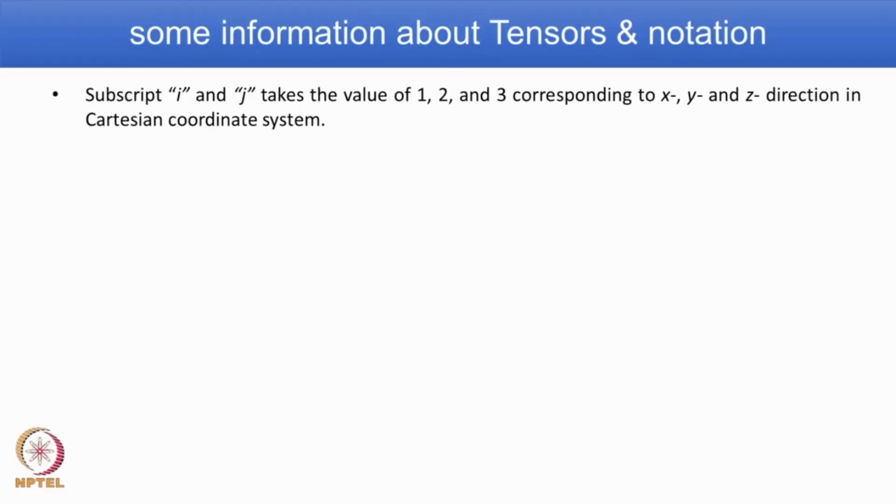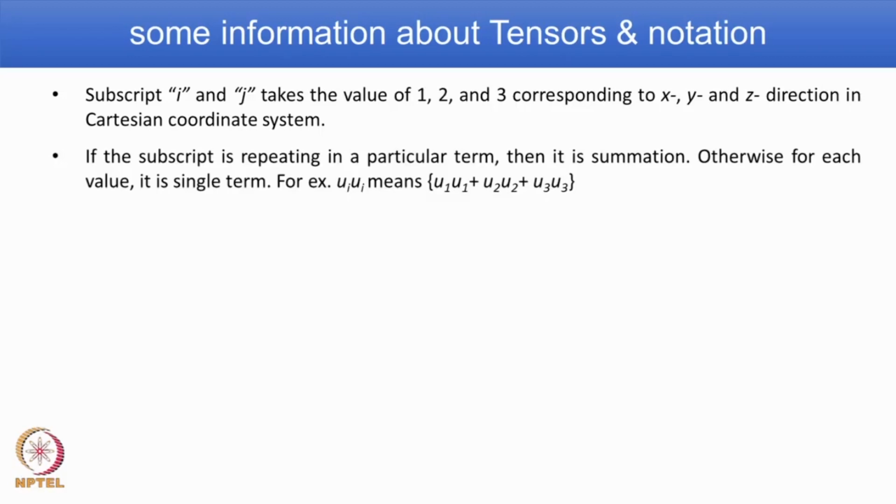For the sake of completeness, I would like to repeat important information about tensor and notation used. We use subscripts i and j, and i and j will take values 1, 2, 3. If the subscript is repeating in a particular term, then it is a summation, otherwise each term is a single term.